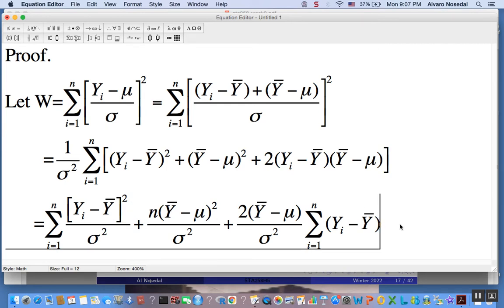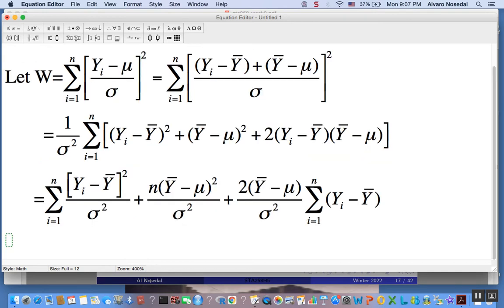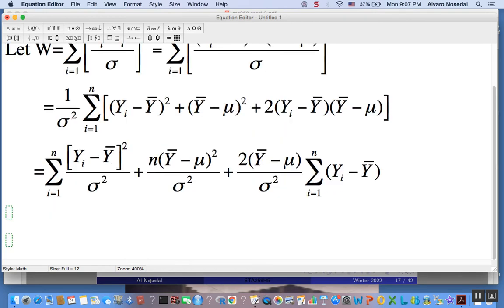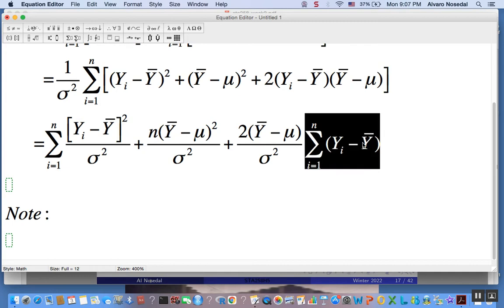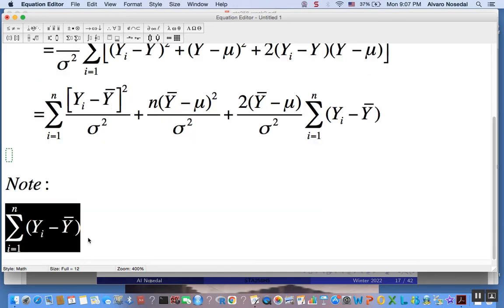Okay, agreed? No problem. So now I want you to note something about the third term in that sum. Note that this guy here, the summation of yi minus y bar, is the same as this.